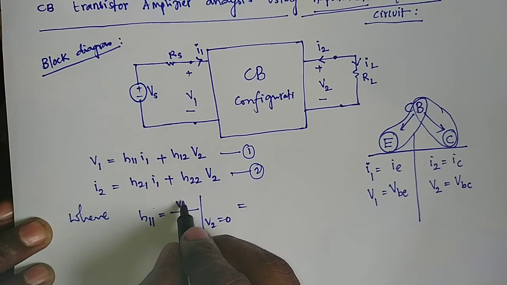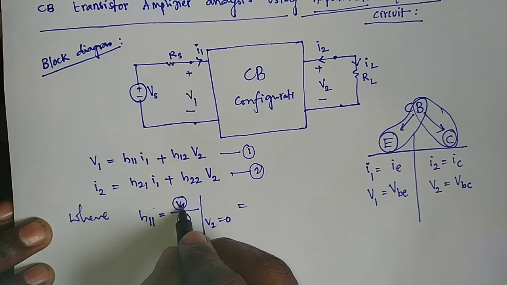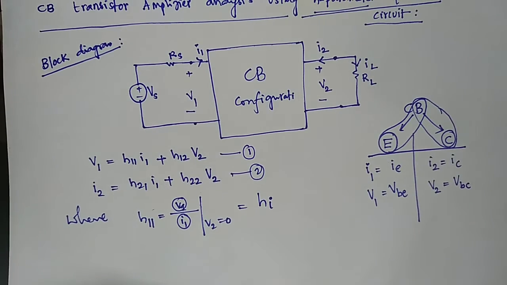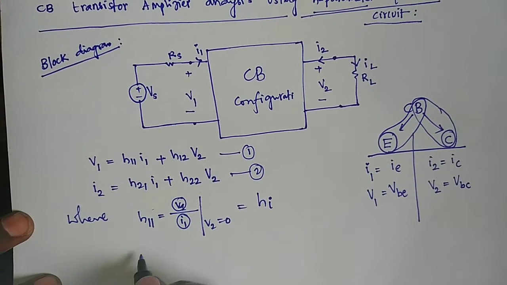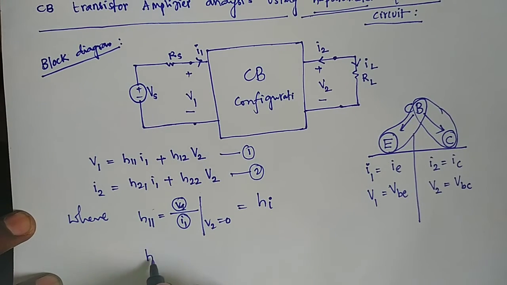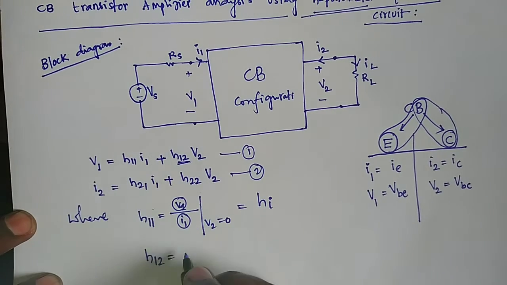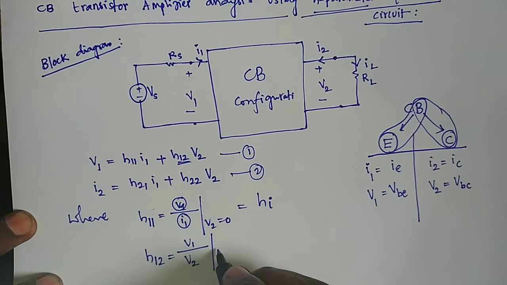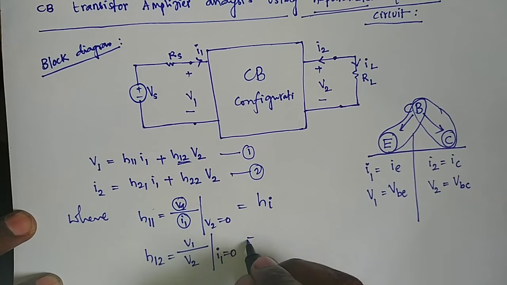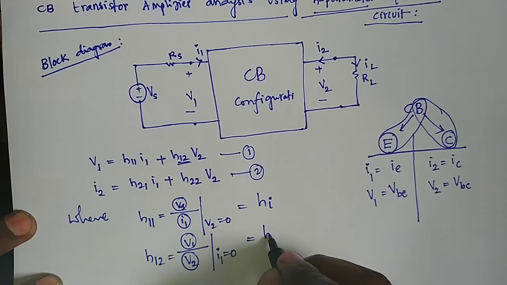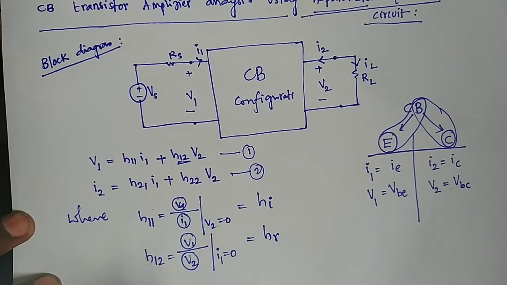That is voltage by current, which is the input impedance, represented by HI. Next, H12 is equal to V1 by V2 when I1 is equal to 0. That is voltage by voltage, the reverse gain, HR.